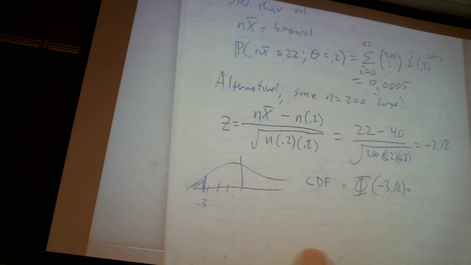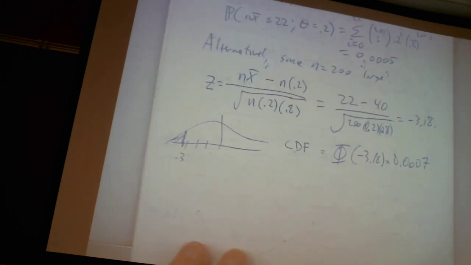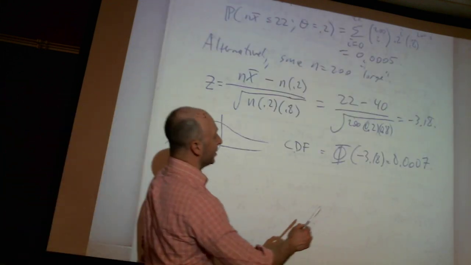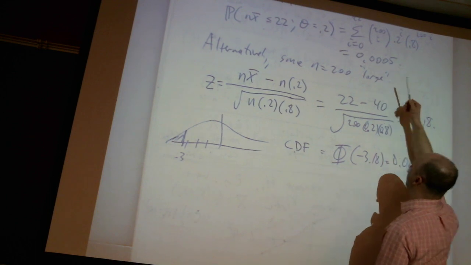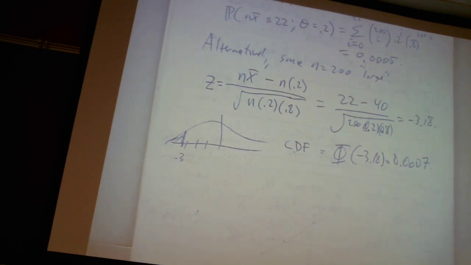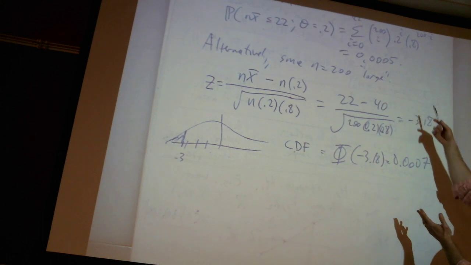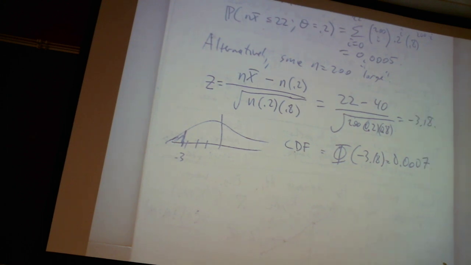That you can plug into Wolfram Alpha, and you get 0.0007. Okay? So in absolute terms, these numbers are quite close, in the sense that in either case you would definitely reject the null hypothesis as being less than 1%. On the other hand, in relative terms, the difference between 5 and 7 is like 40%.